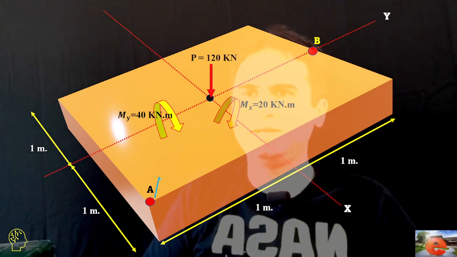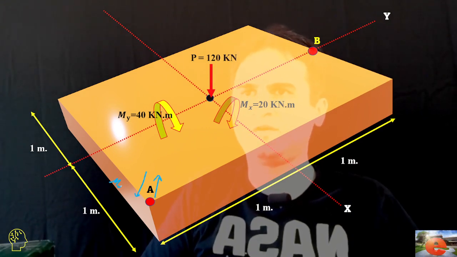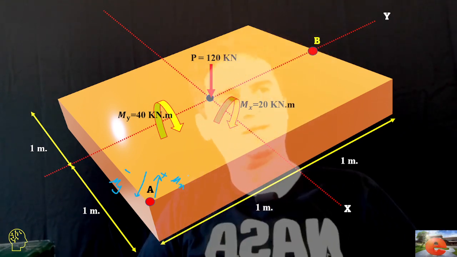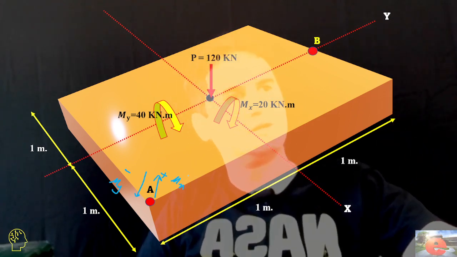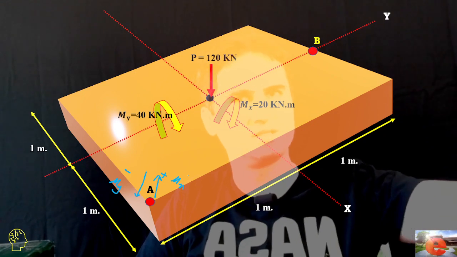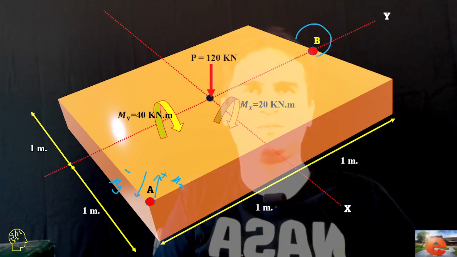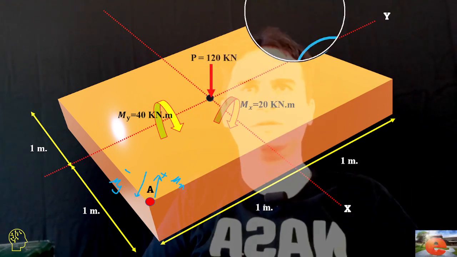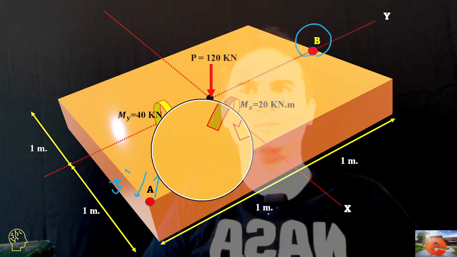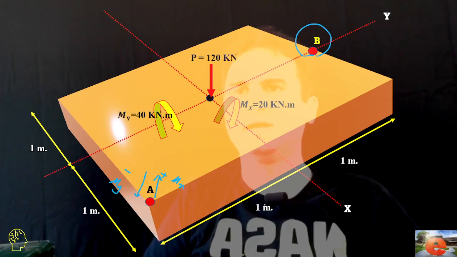So A is under push from My and under push from Mx. As you can imagine, the effect of Mx on point B is that it just pushes point B over here. This kind of moment just pushes point B and pulls up point A.